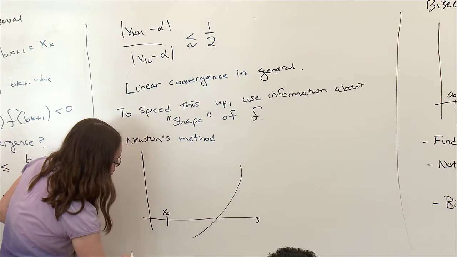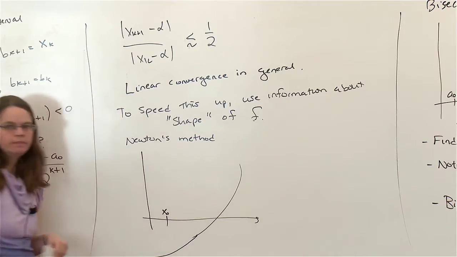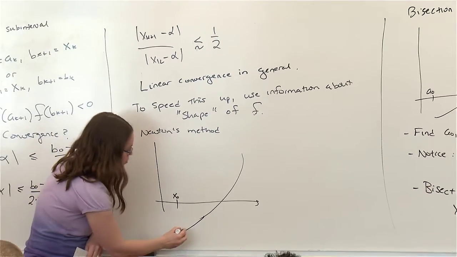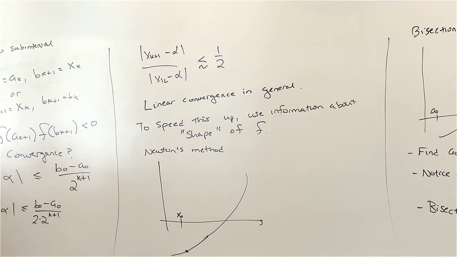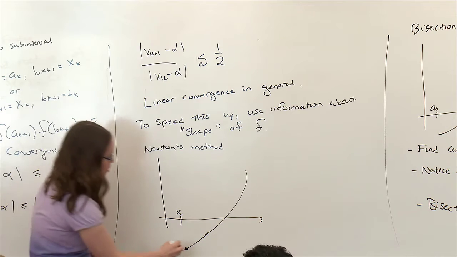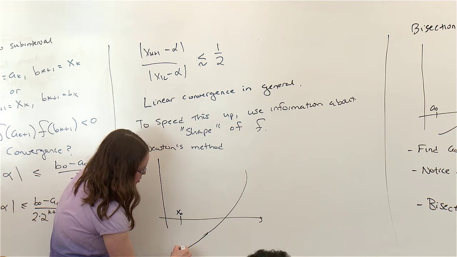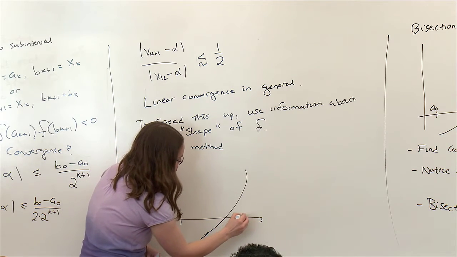Let me give this a little more curve. Okay, so I'm down here. I know I'm not at the root. Now what am I going to do? I'm going to use not just where I am, but I'm also going to use the slope of f at this point and say, let's try to approximate this by its tangent line. So if I draw its tangent line, that looks something like this.